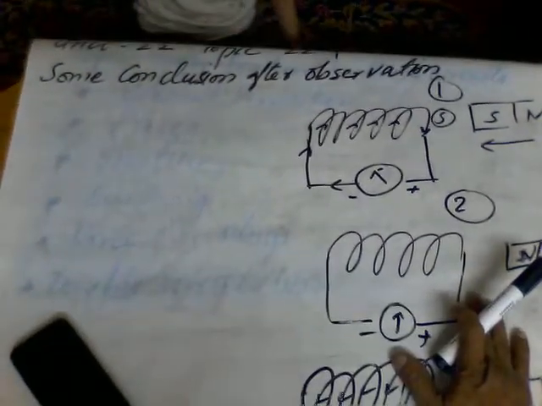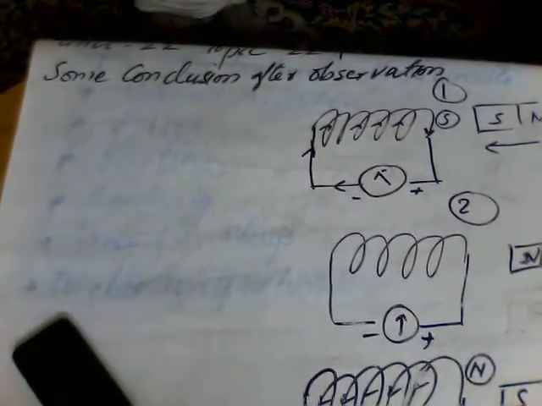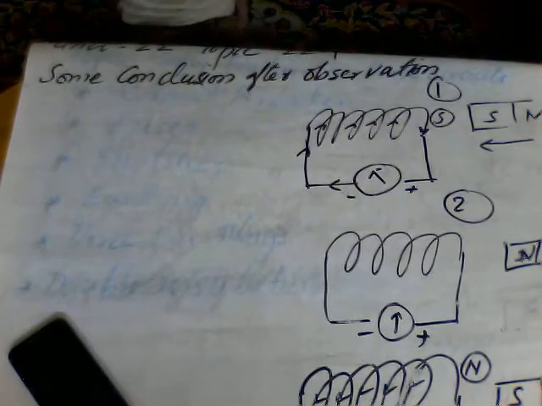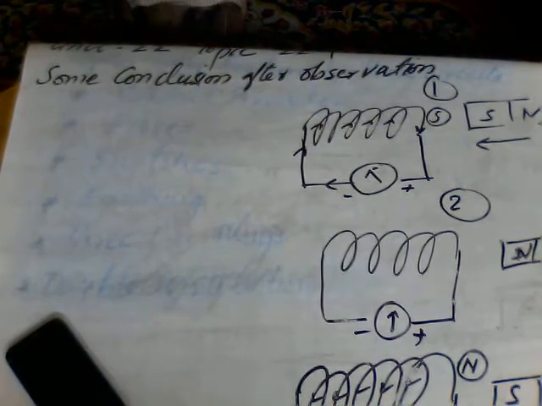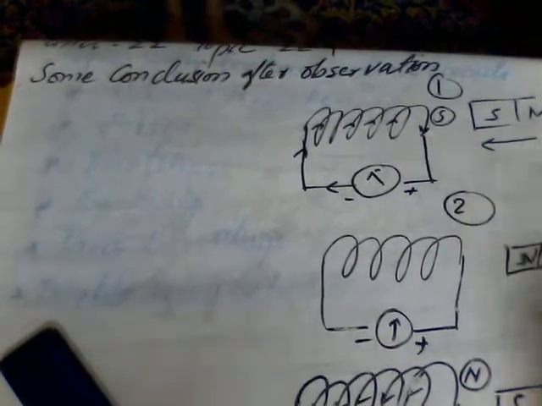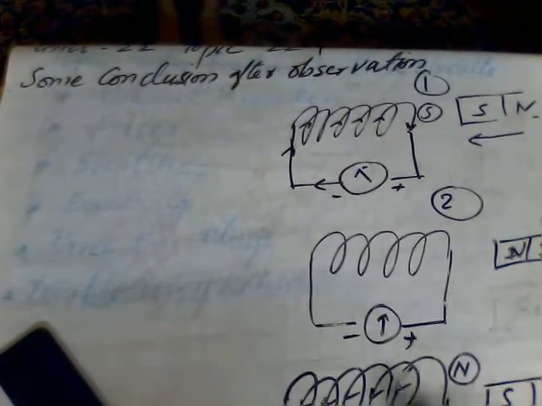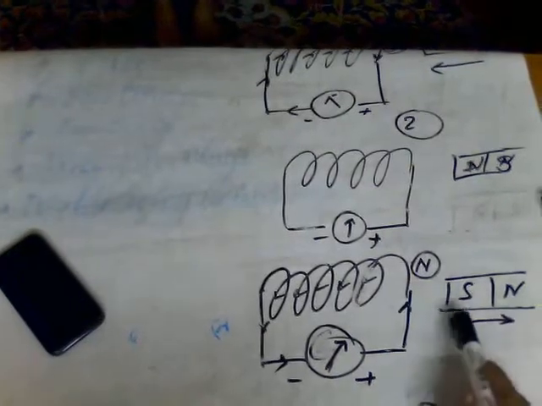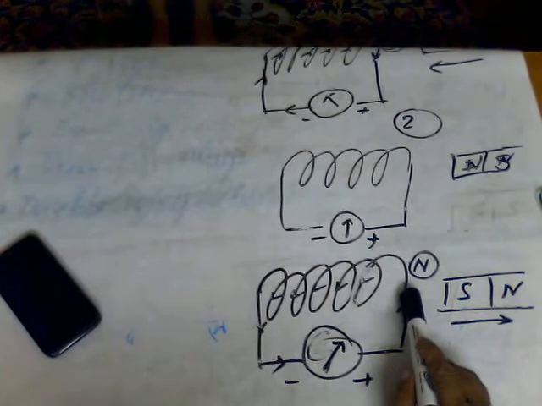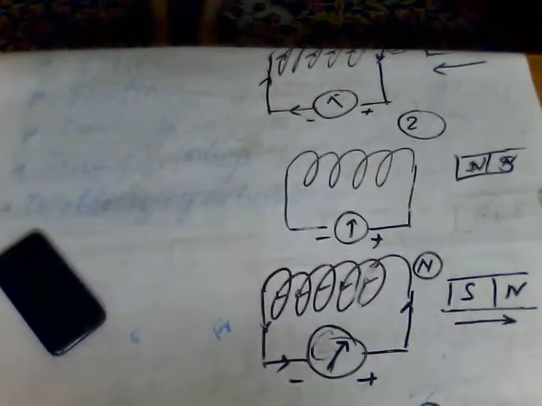So these were the few results showing how we can find the direction of the magnet's movement and the direction of the current. Here we see that an S pole is produced. Here there is no pole because there is no motion. Here the S pole moves, the magnet moves away, and on this end of the solenoid a north pole will be produced.